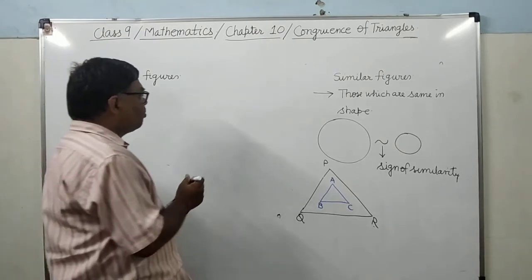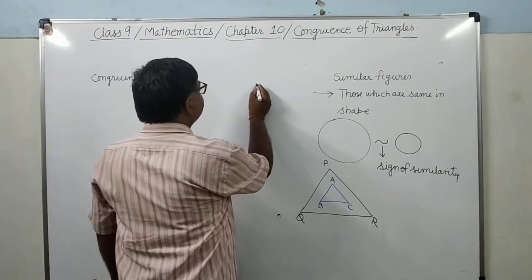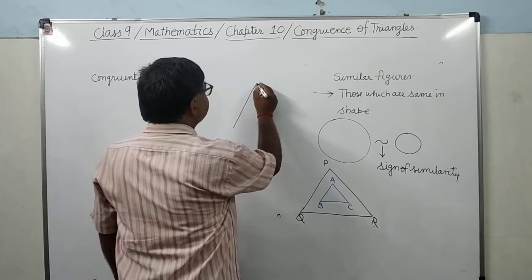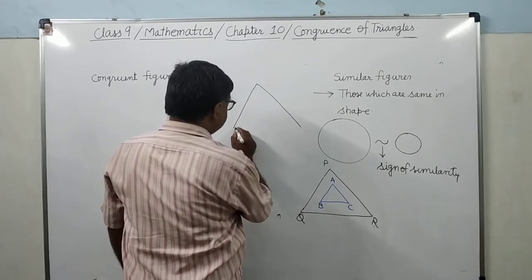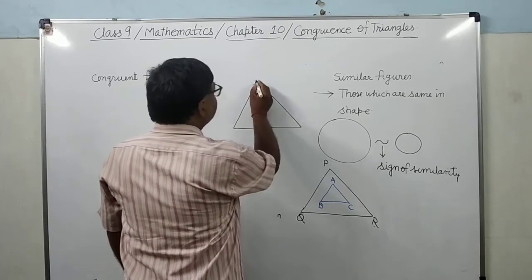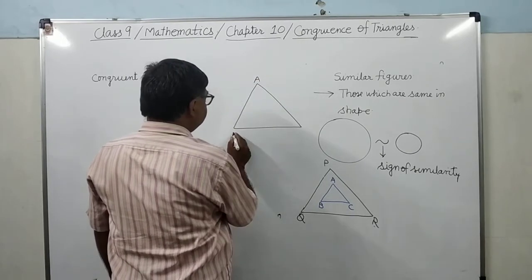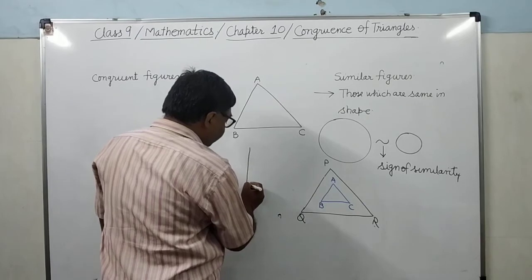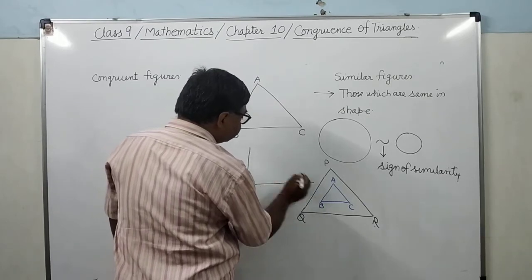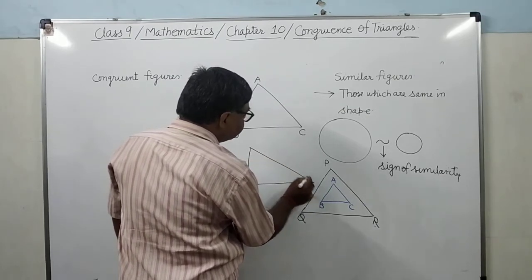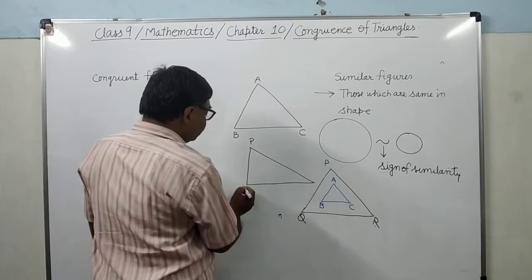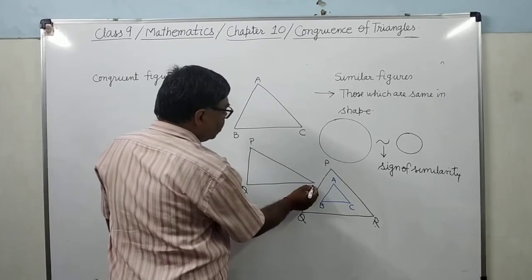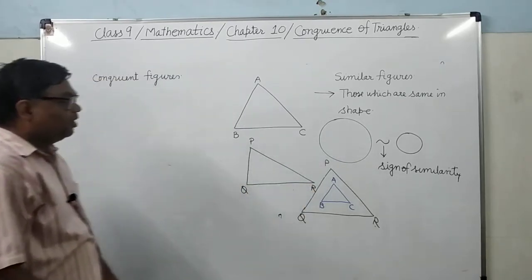Now you take one more case. Here this is a triangle ABC, and there is another triangle PQR. Whether they are same in shape?